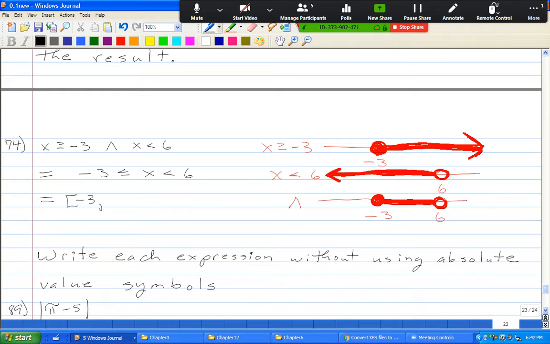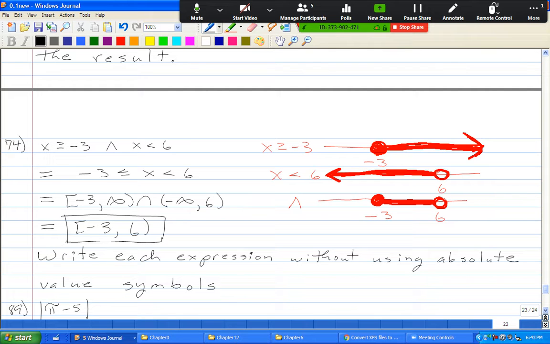And it's just equal to the half open, half closed interval.